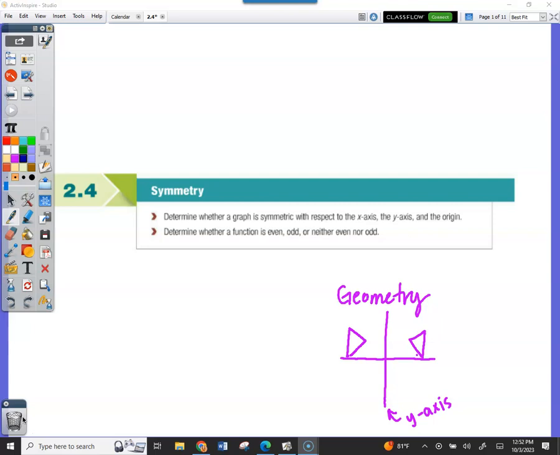Ideally, I know mine's not perfect, but ideally it would fold along the y-axis, and if you think of it as like wet ink, like ink that's not dried yet, it would leave the image reflected on the other side.